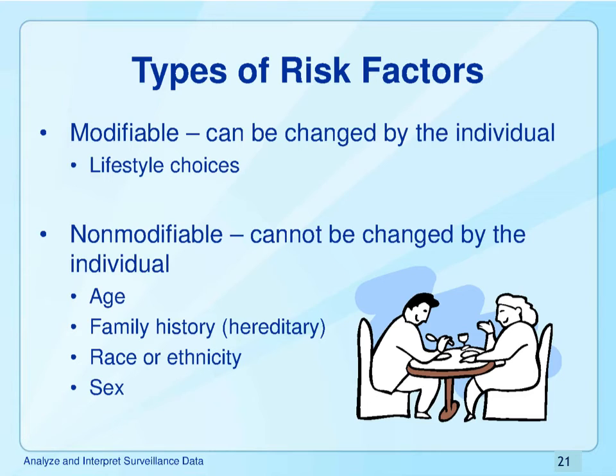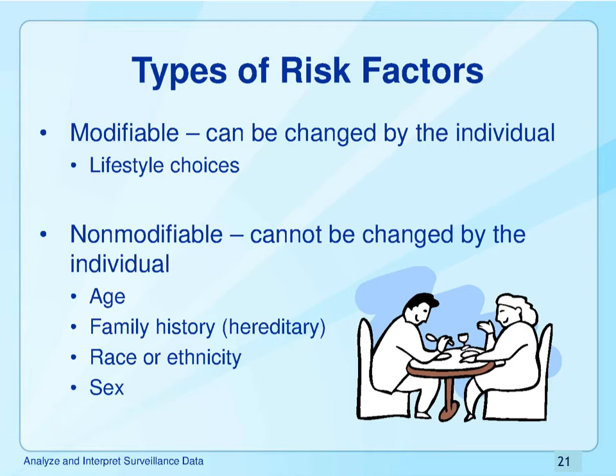Now, what are examples of non-modifiable risk factors? Well, non-modifiable risk factors are those that can't be changed, of course, and they include things like age, as much as you would like to change your age, okay, as much as people lie about their age sometimes, okay, it really can't be changed. Family history, and that would include a genetic component as well, ethnicity, as well as some biological markers, and gender as well, okay.